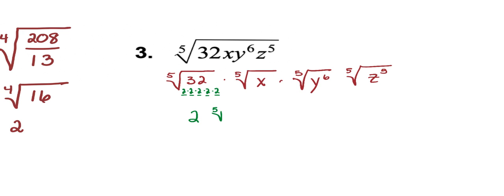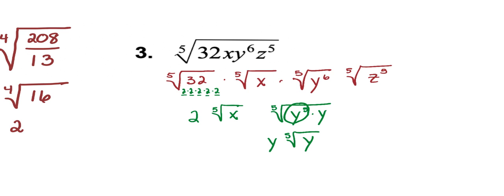See, I can't do anything with the 5th root of x because there's only one of them. 5th root of y to the 6th. Okay, you're going to want to think of that as y to the 5th times a y, because there's 5 y's multiplied together, so a y can come out, but that other y has to stay in.